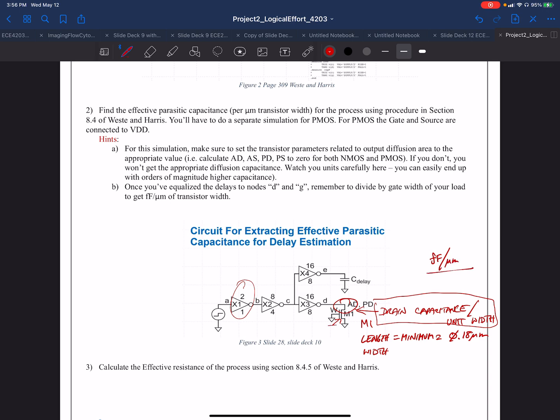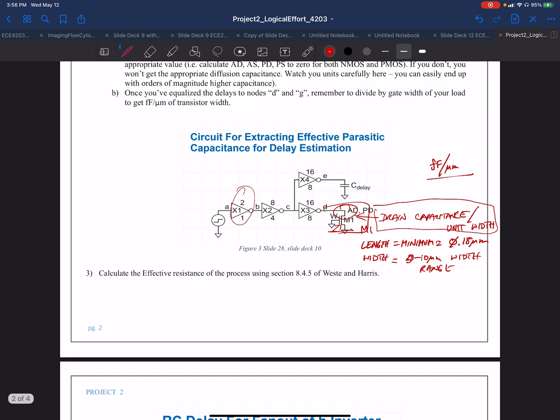So it theoretically doesn't matter, but in my opinion maybe you should try something in the 50 to 100 micron width range, so that your rise and fall times are not too sharp. If the capacitance is small, your rise fall times might be a little bit slower.